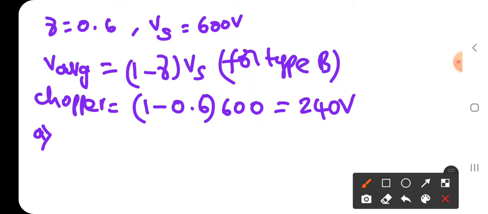The power generated to the DC supply. When the power is generated to the DC supply from the circuit, it supplies to the DC supply when the diode is conducting. When the diode is conducting, in each cycle the power is fed to the source.